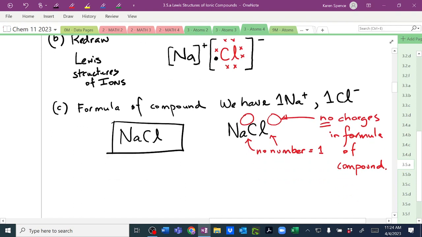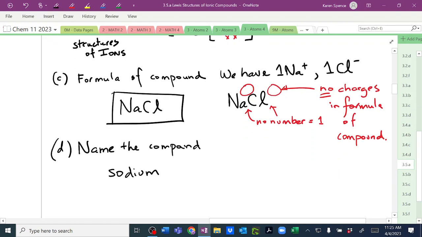And then finally, we want to name the compound. And we name the first one sodium. Do not change the ending of the name. That's our metal.